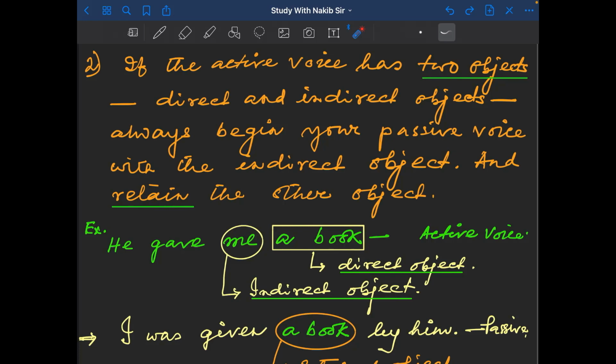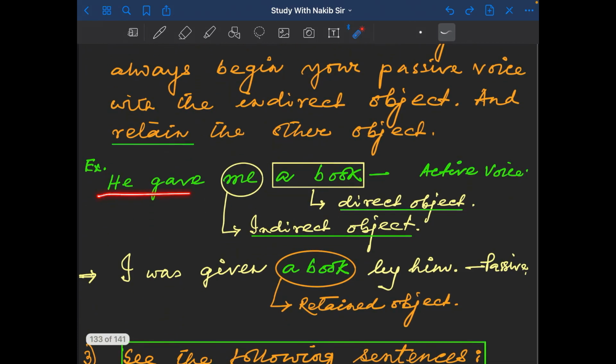Now see the example. He gave me a book. Active voice with two objects. Number one object is me. It is called indirect object or animate object, and number two is called direct object or inanimate object.